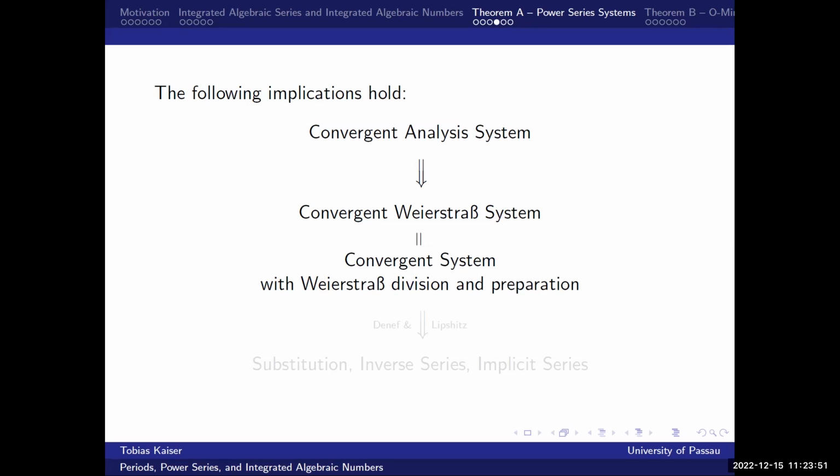It's a convergent system where I have Weierstrass division and preparation in my system. And then by old results of Denef and Lipshitz, in a Weierstrass system, I have arbitrary substitution, I have compositional inverse of series, I have implicit series, and so on.